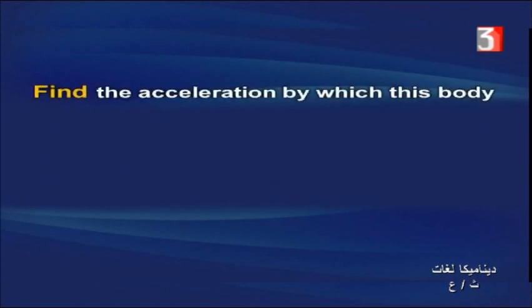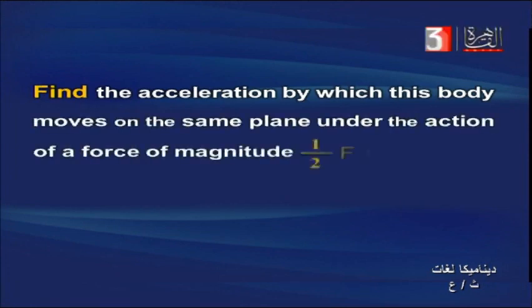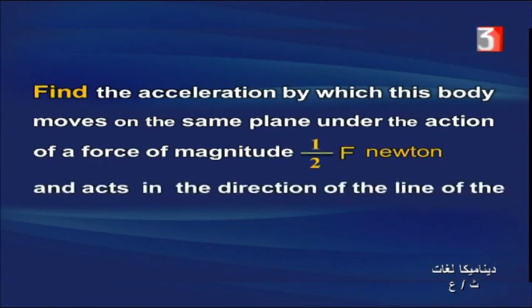Find the acceleration by which the body moves on the same plane under the action of a force of magnitude half F Newton and acts in the direction of the line of the greatest slope upwards the plane.